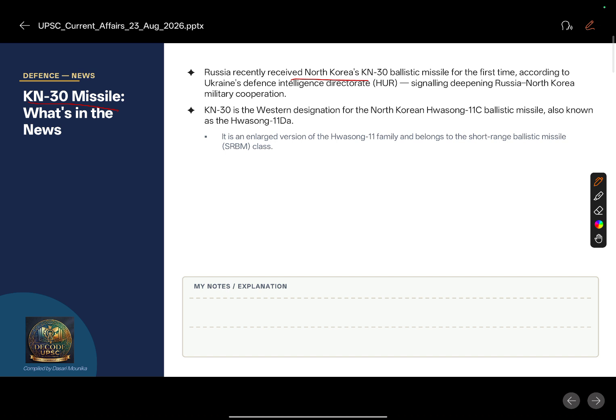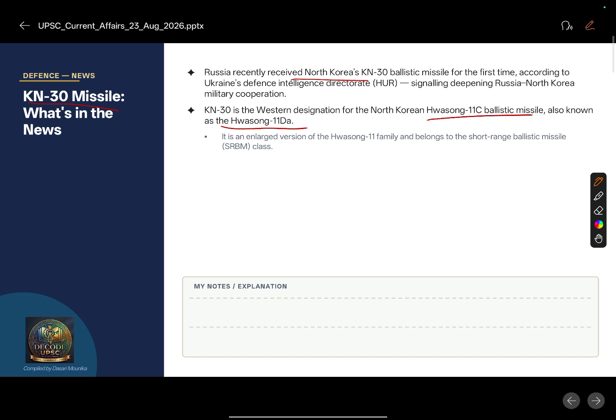The K-30 is a Western designation for North Korea's Hwasong-11C. In North Korea, it is called the Hwasong-11C ballistic missile.